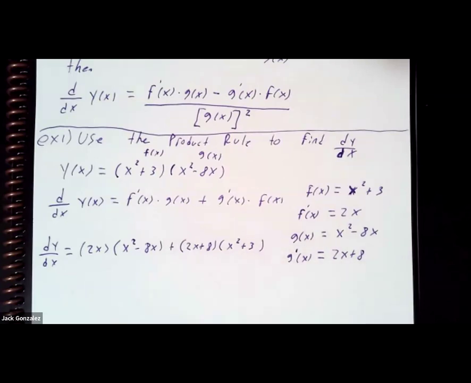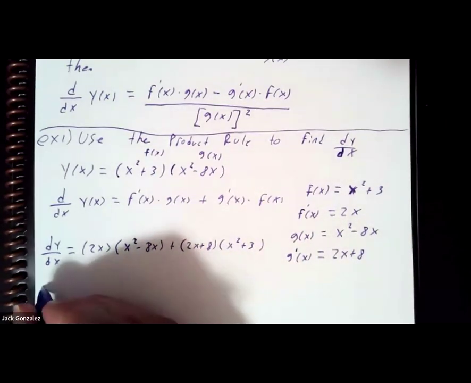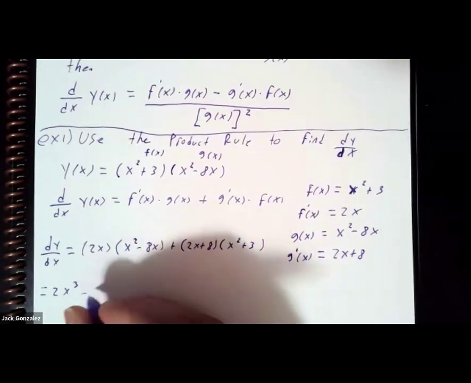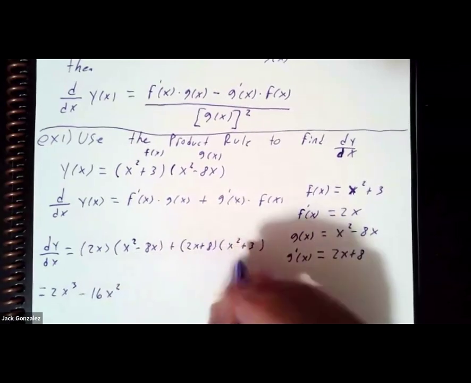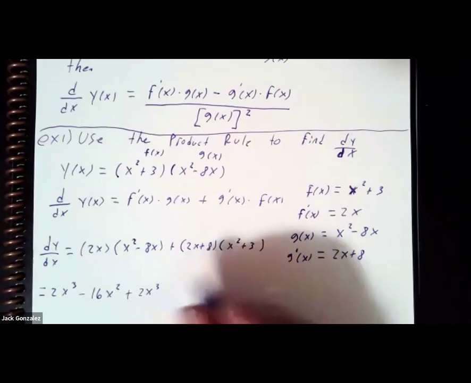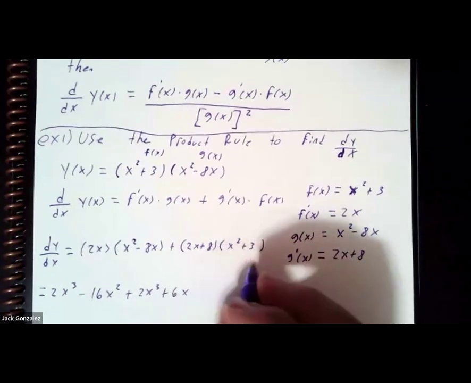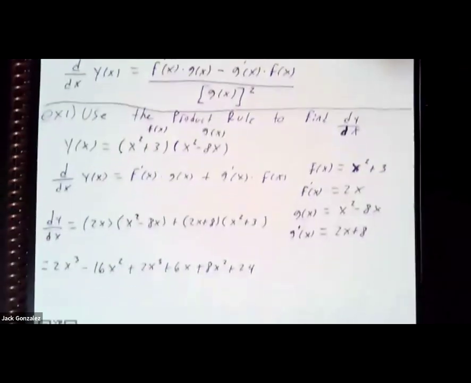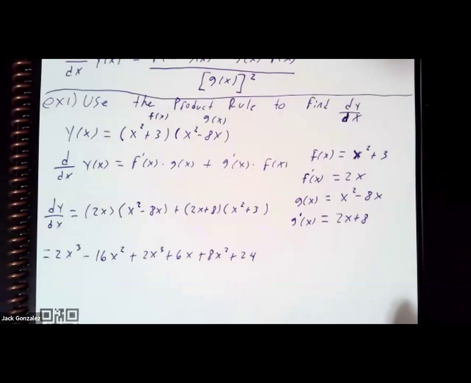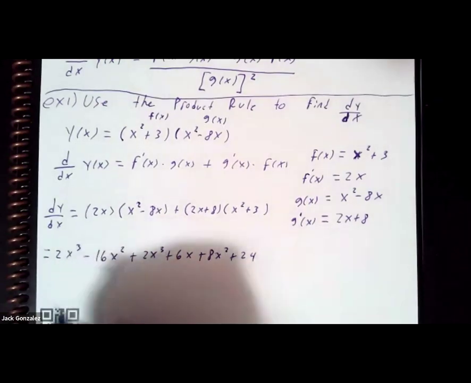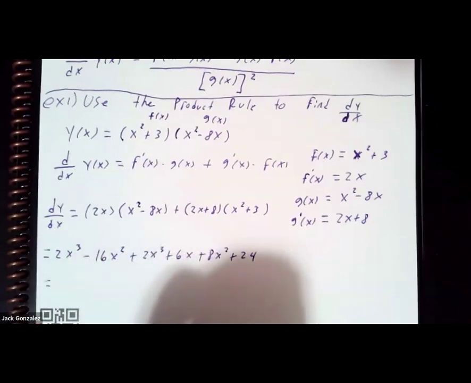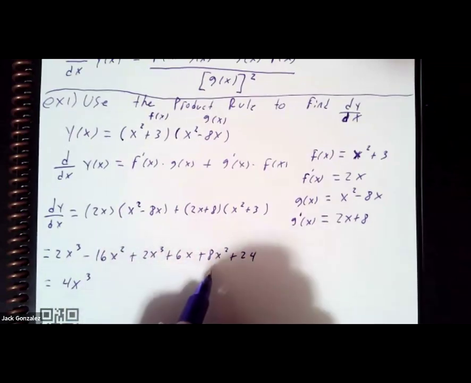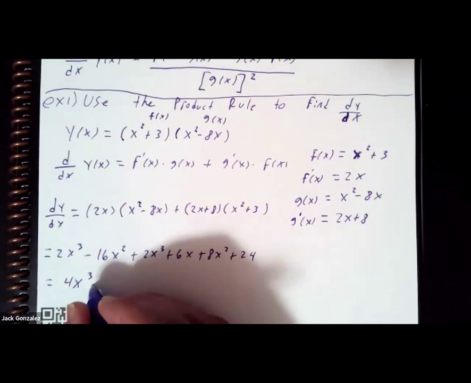Sadly, we have to do algebra. All right, so 2x times x squared, 2x times negative 8, 2x squared times that garbage, 2x times 3, 8 times that stuff gets me here. Add your like terms. We get 2 plus 2x cubed. Negative 16 plus 8, it's minus 8.